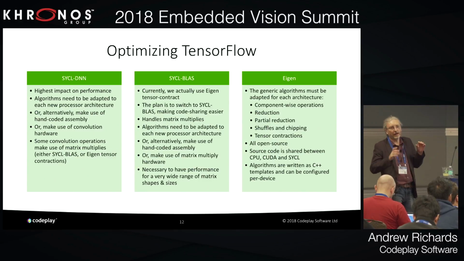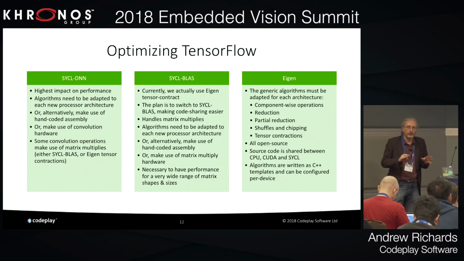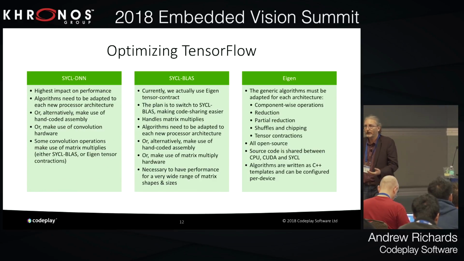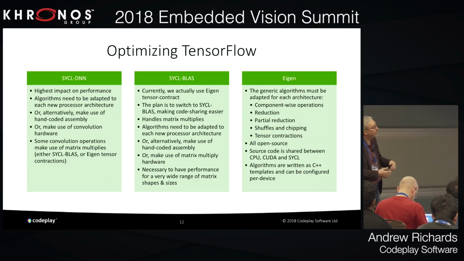I also lied a bit about SYCL BLAS. What we actually use is the Eigen tensor contraction, because that's actually what's in TensorFlow. But we're in the process of replacing it with SYCL BLAS. SYCL BLAS is already open source. We did it in conjunction with some academics in Madrid, in Spain, that are experts in BLAS algorithms, and they've done various papers on it, and you can have a look at that.